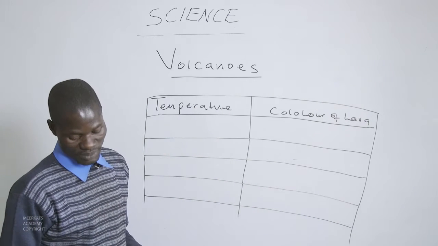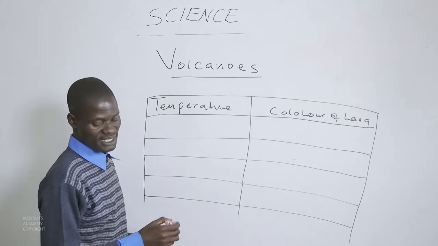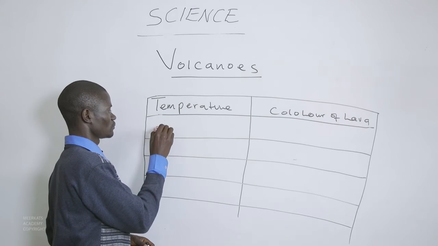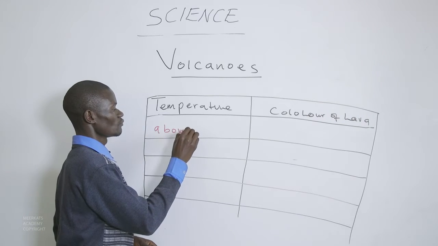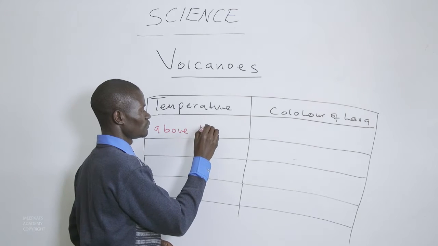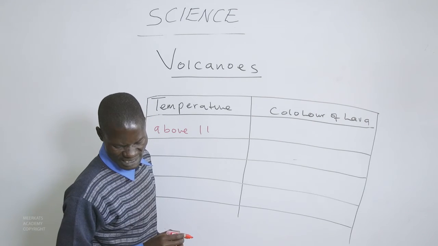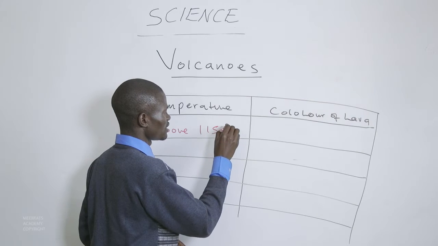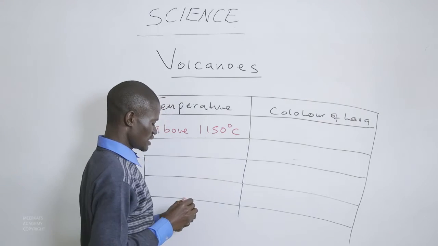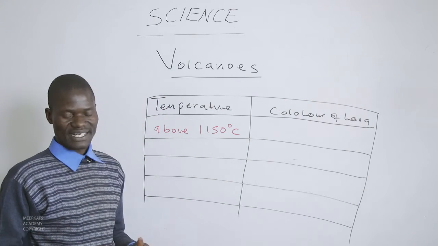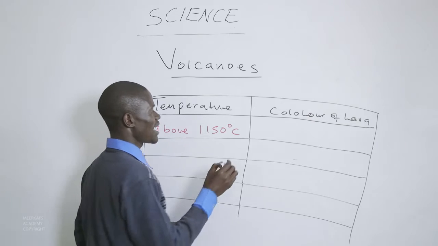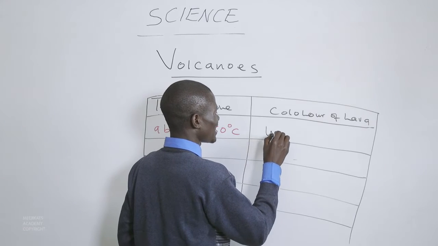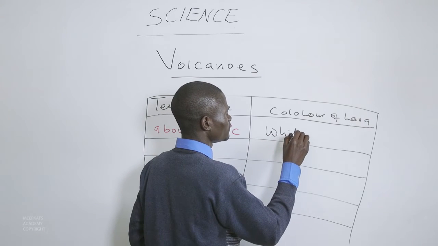When we look at this table, the temperature that is above 1,000, that is above 1,150 degrees centigrade, will give rise to a white color of lava.